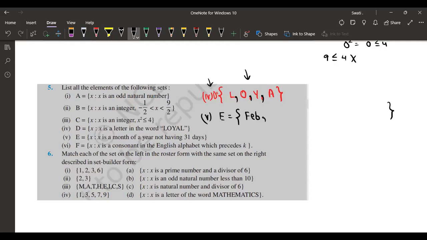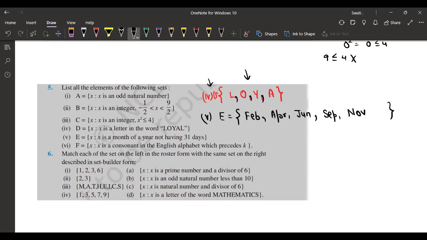So February, March 31, April because it has 30. Then May can't write, 31. Then June, 30. That is also my birthday month. So June, and then July 31, August also 31, September 30, October 31, November 30, and December 31.